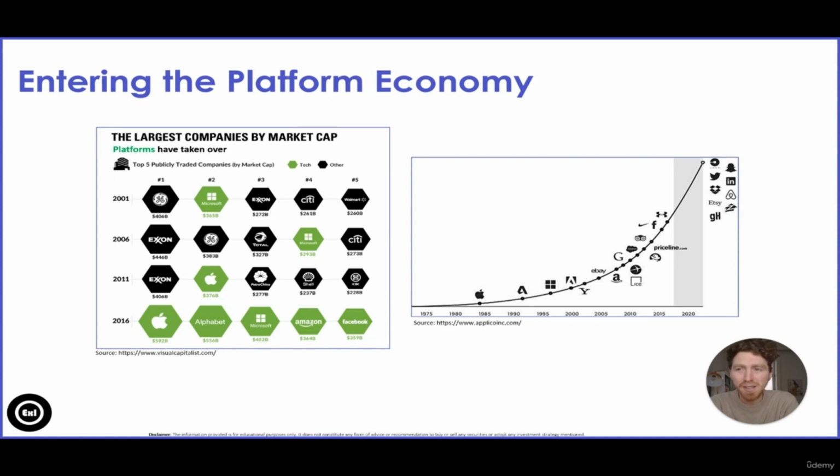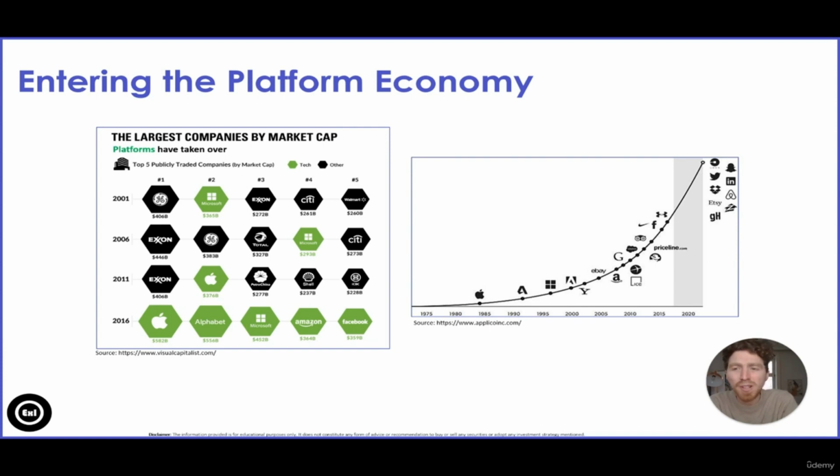On the left side, you see a graph which shows the largest companies by market cap from 2001 to 2016. In 2001, there are companies like General Electric, Microsoft, ExxonMobil, Citibank, and Walmart, which have been the 5 biggest companies in the world. You see an industrial conglomerate, oil company, bank, retailer.